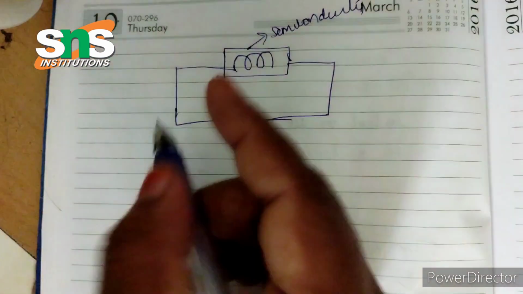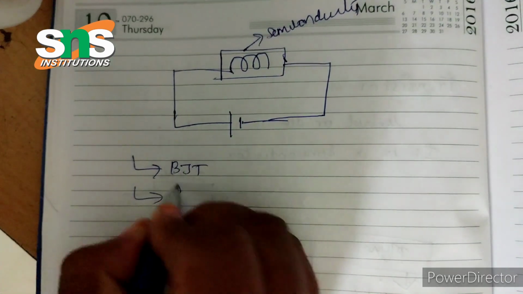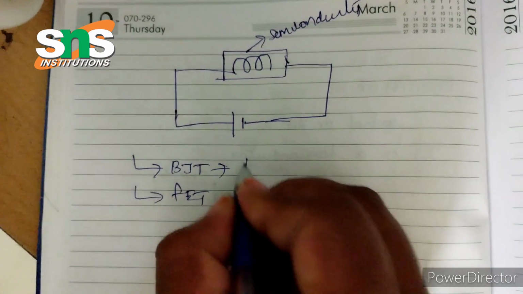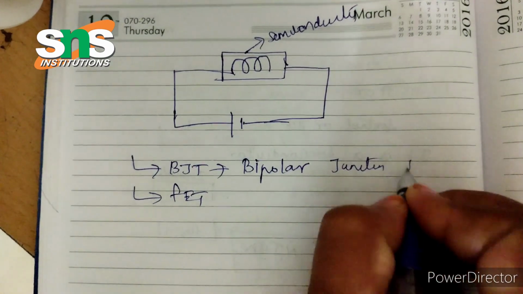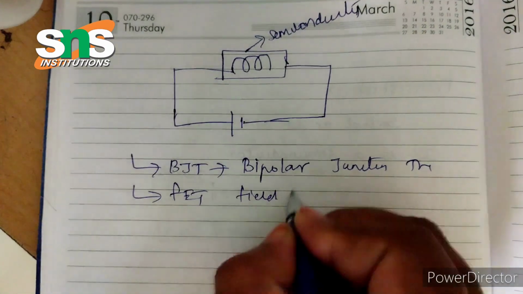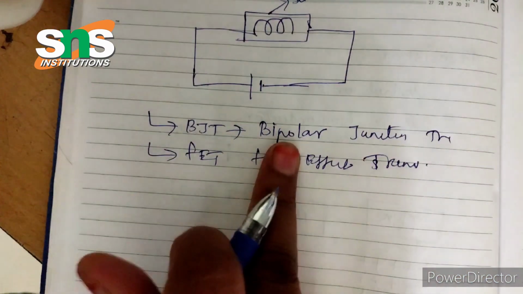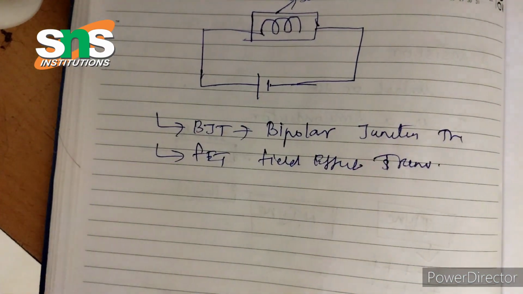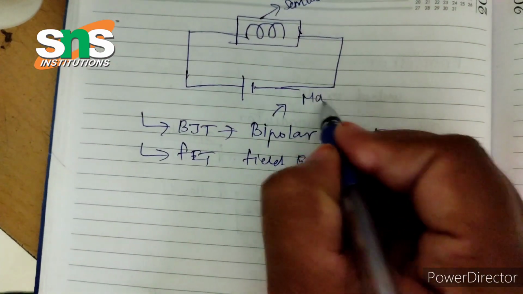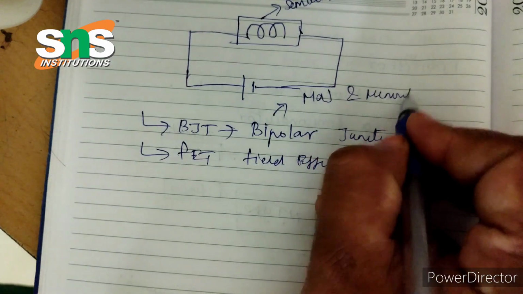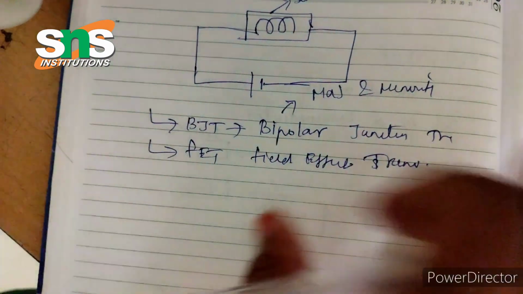There are two types of transistors: one is BJT, the bipolar junction transistor, and the other is FET, the field effect transistor. We already know what bi means: two. In a bipolar junction transistor there are always majority and minority carriers, which is why it is called bipolar.